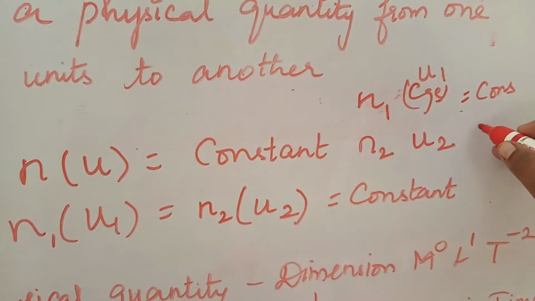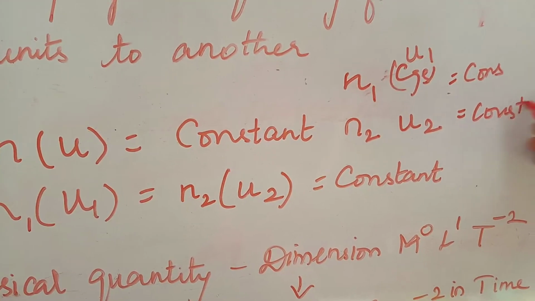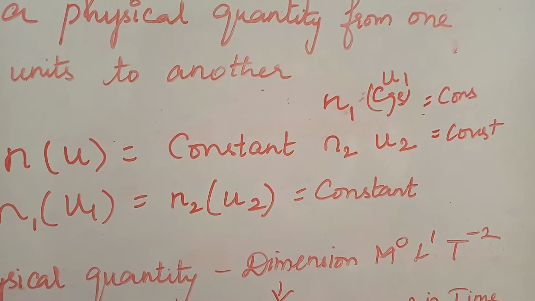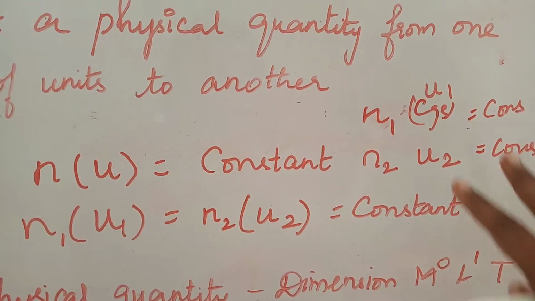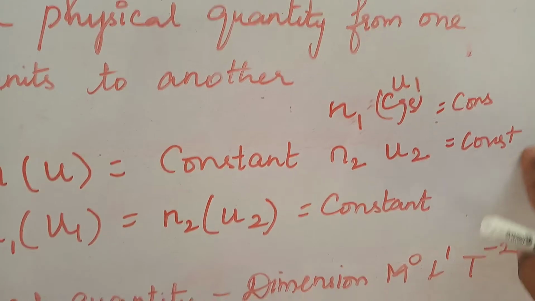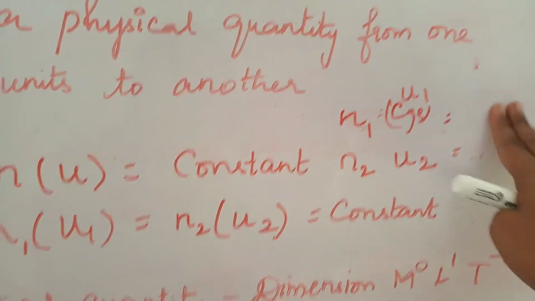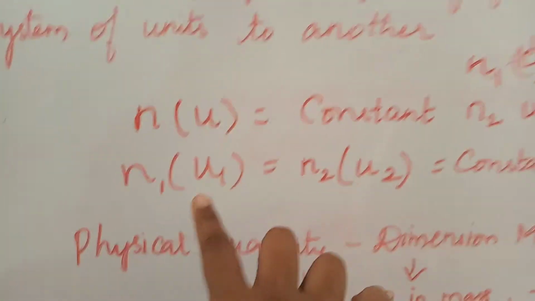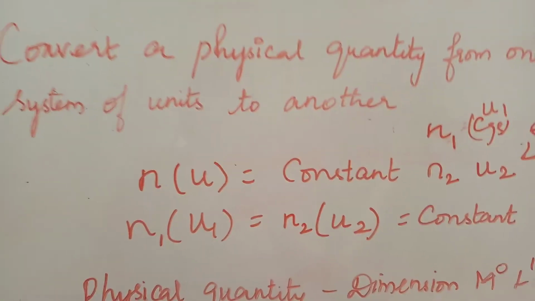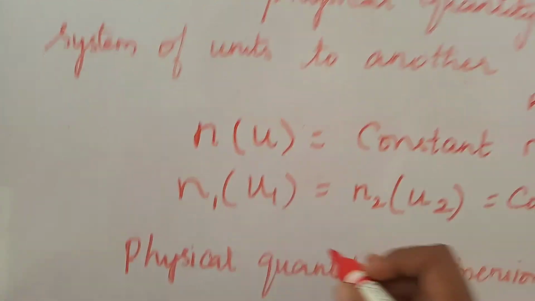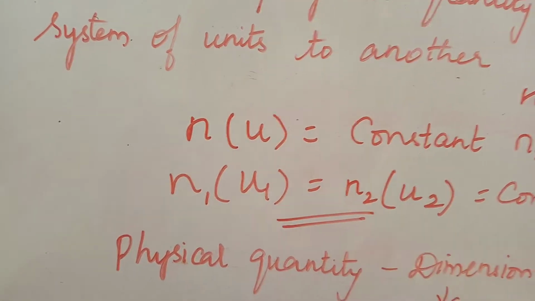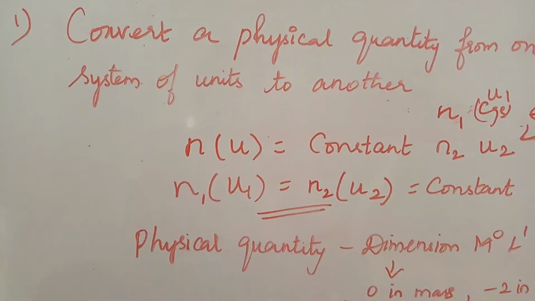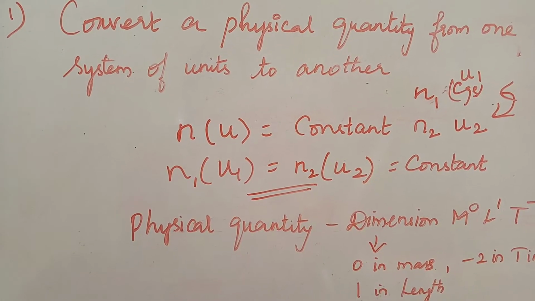When you multiply, this will also give a constant value. It may be different, but it will be a constant. So the right-hand sides are equal, and when you equate the left-hand sides, it means n1 u1 equals n2 u2. Based on this fact, we proceed with the conversion of a physical quantity.